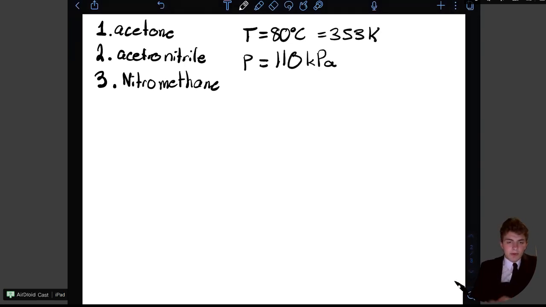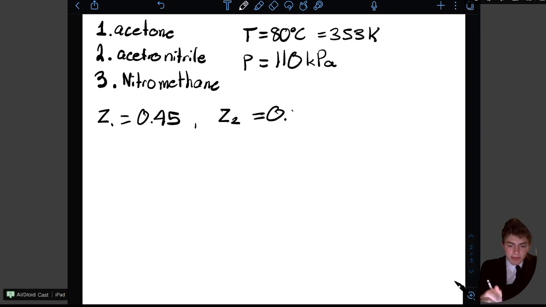We also have an overall composition for each component. We have Z1 equal to 0.45, Z2 equal to 0.35, and Z3 equal to 0.2.